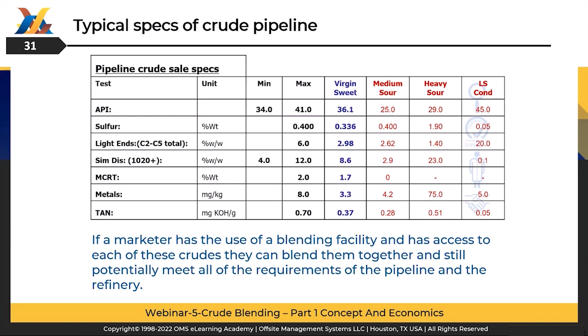And basically it has an API and sulfur, but sometimes it also specifies other things like TAN, which is the total acidity number, to supply the crude via pipeline to the refinery. Now, if the marketer or trader has a facility to do the blending, it is more profitable for the trader or marketer. And if the refinery does it at their side, then they have cost savings for the crude.